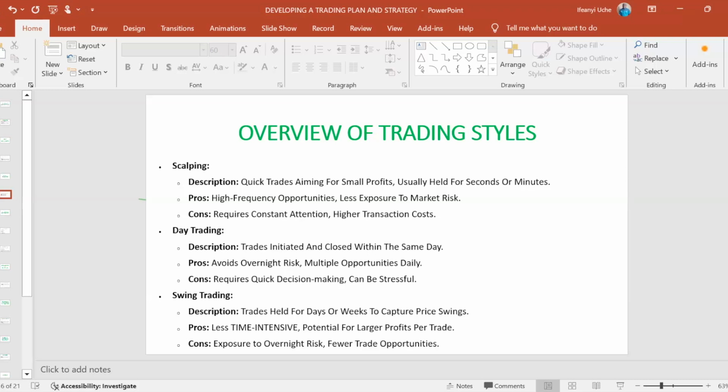So the pros here are that, one, it's less time sensitive, and two, it gives you the potential for larger profits per trade, because you are going to be analyzing with longer time frames, and the projections are usually higher.